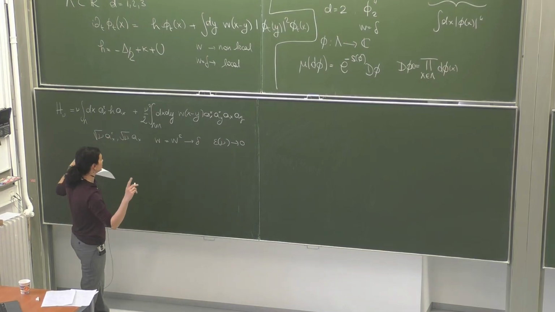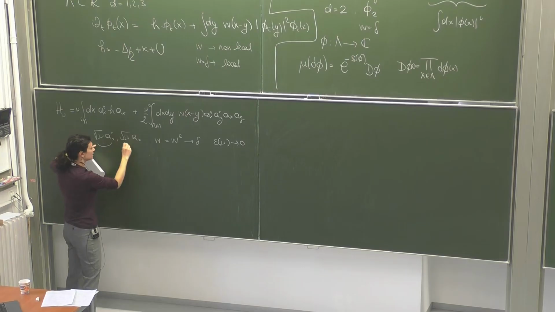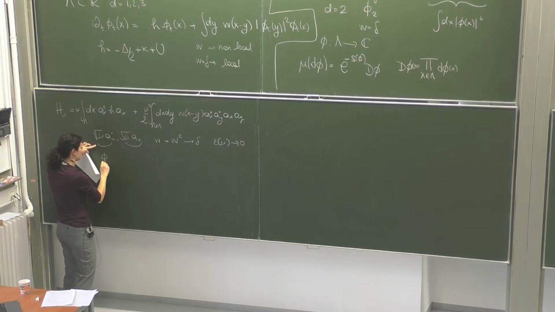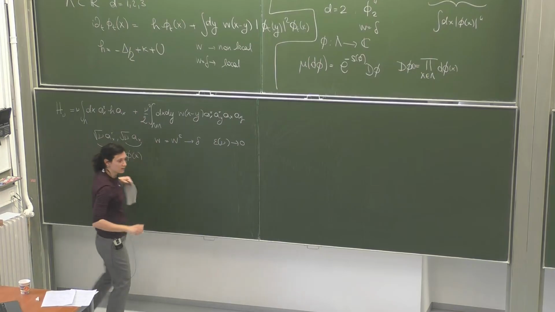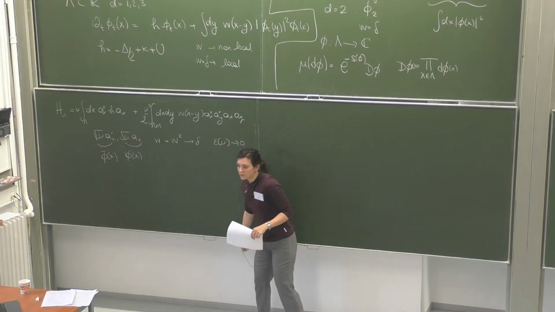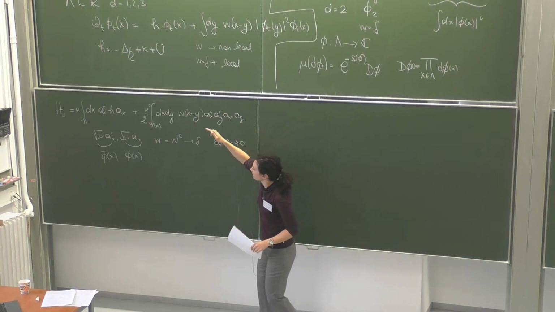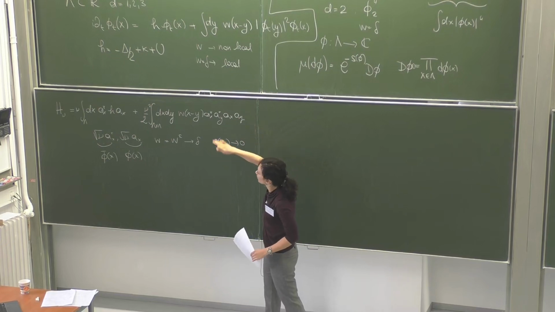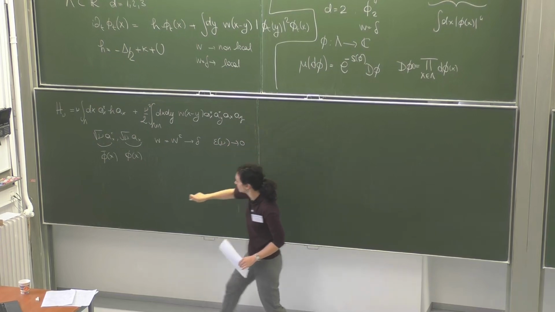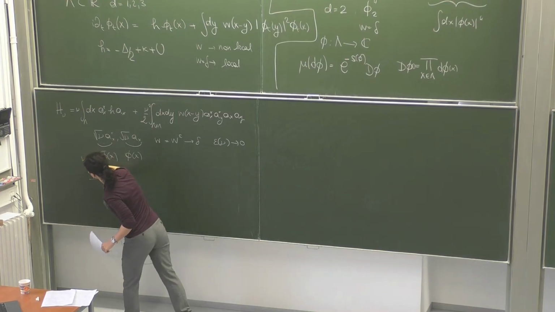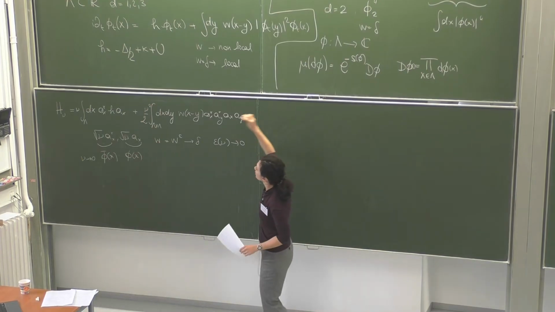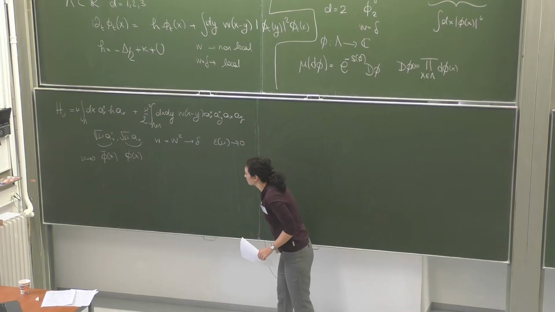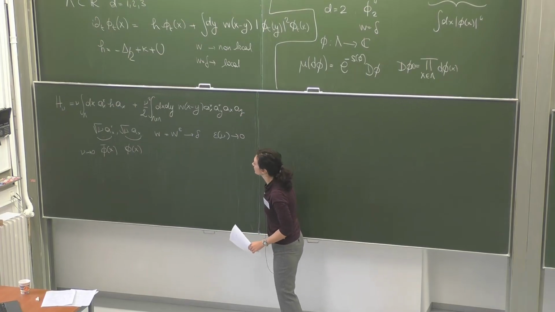Then I could reinterpret these fields as the corresponding phi and phi bar. And so that's why we think that in some regime, taking nu going to 0, it would converge to a phi 4 theory.